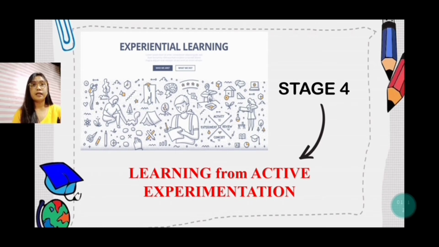Active experimentation is where the learner applies the new ideas to the world around them to see if there are any modifications to be made. This process can happen over a short period of time or over a long span of time.